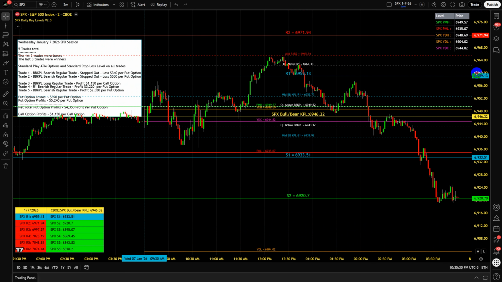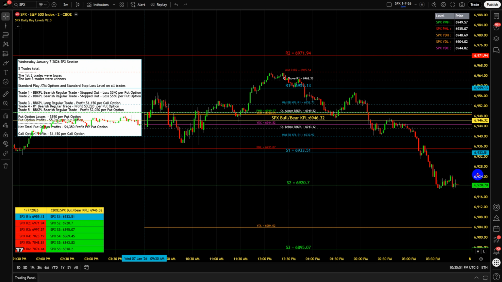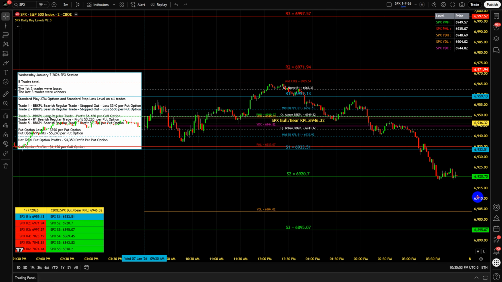And as you can see here, this gives you a much more granular view of all of these levels in here, which are all very important, and it makes it a lot easier to trade. If price happens to take off to the downside or upside, exceeding R2 or S2, then you can simply zoom out again with your mouse on the right axis to track price as it moves below S2 or above R2.